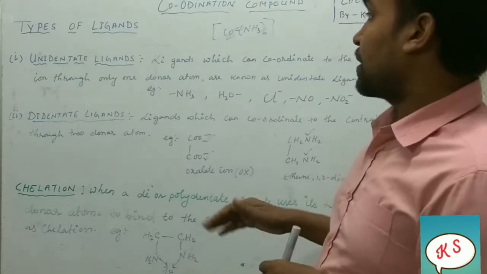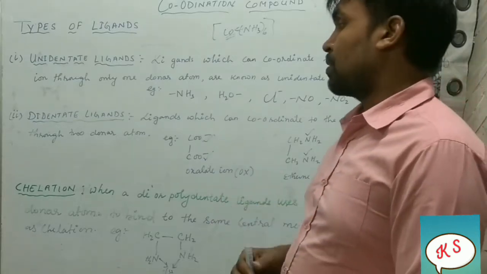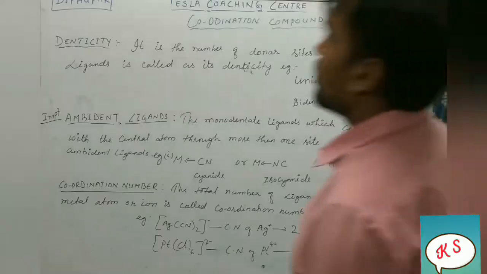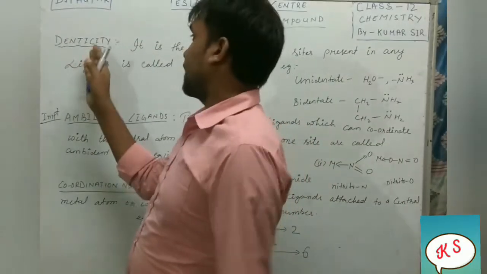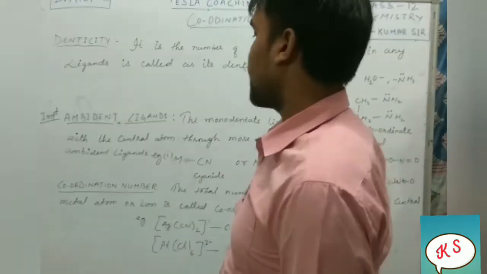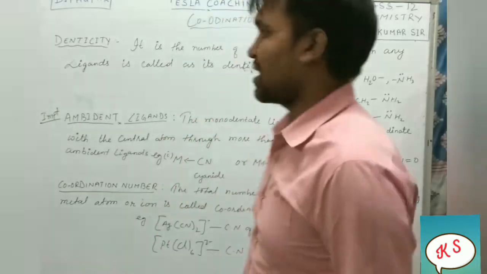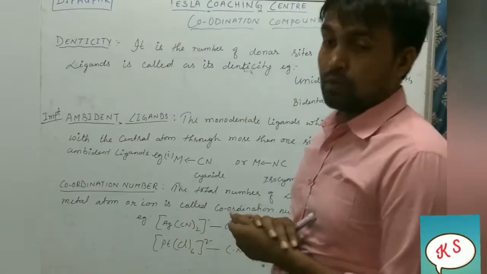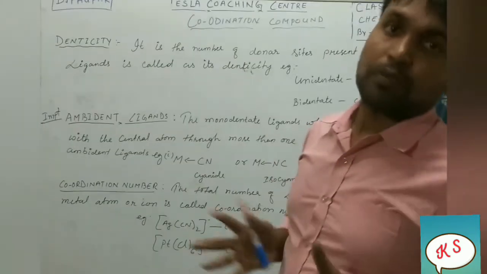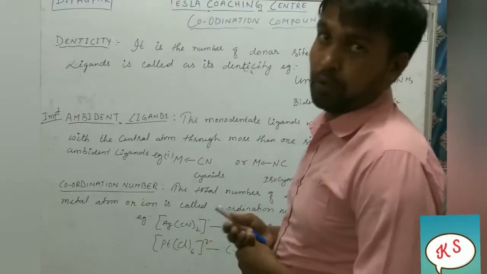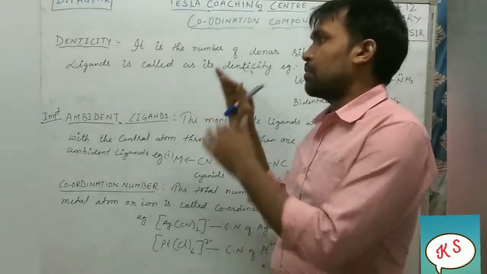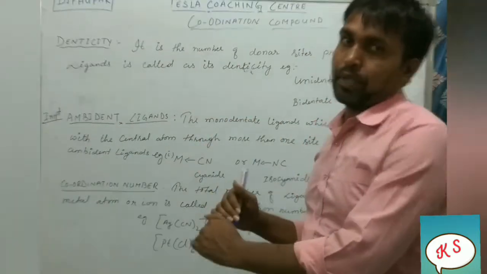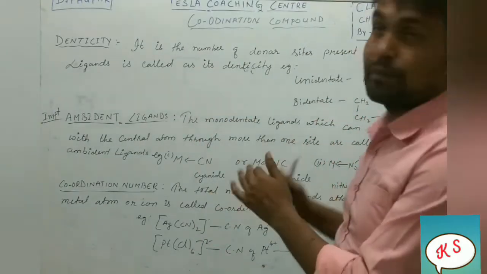Now let us move further in the chapter with the next topics: denticity, ambidentate ligands, and coordination number. These are easy things, dear students, and some of you might know them, but easy things are exactly what we tend to forget more, right or not? That's why I want to go step by step. It may be a little lengthy video, don't mind.